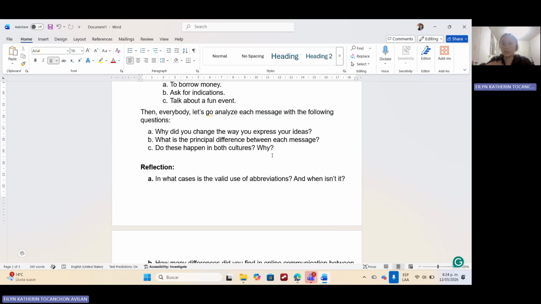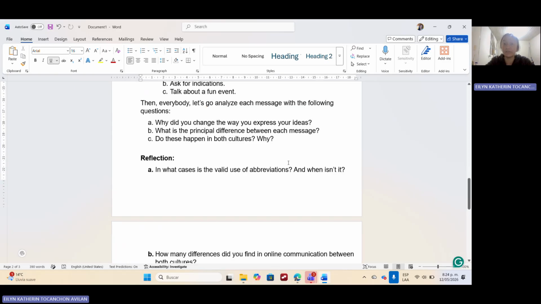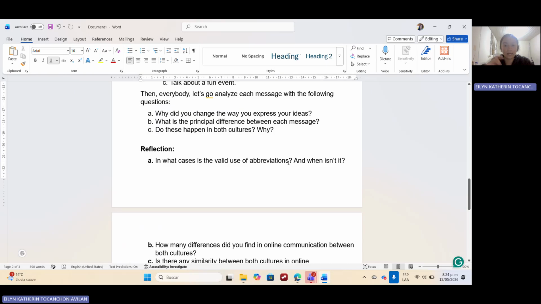Culture can affect the way we communicate or express our ideas in different ways: text, oral, or listening communication.